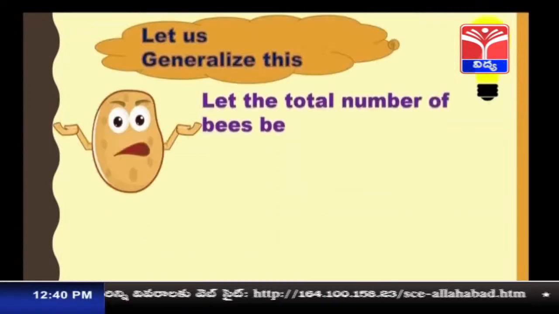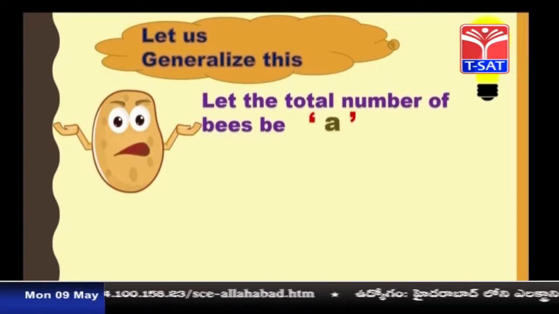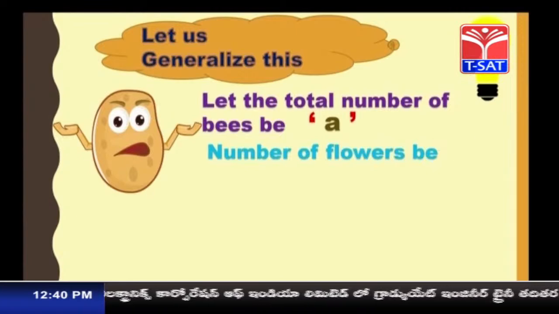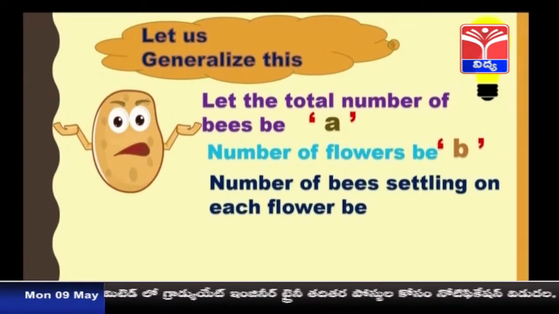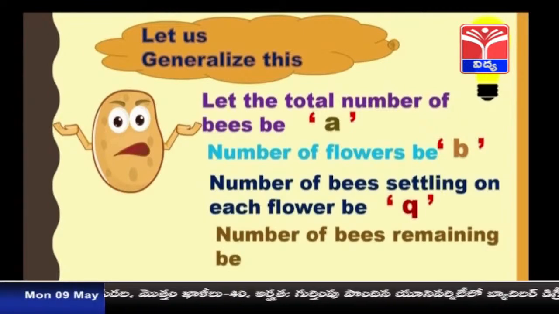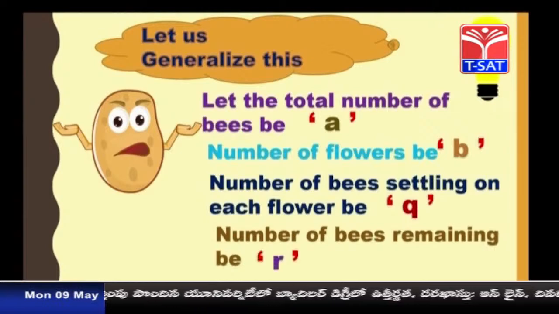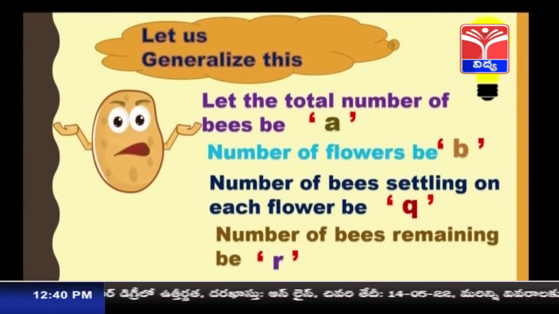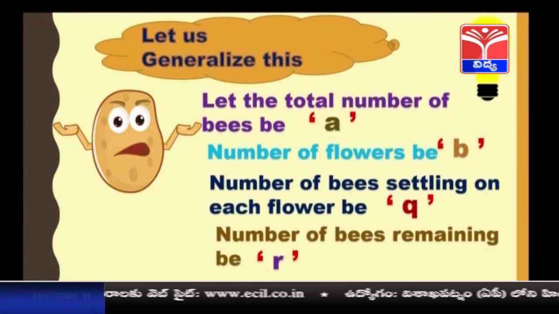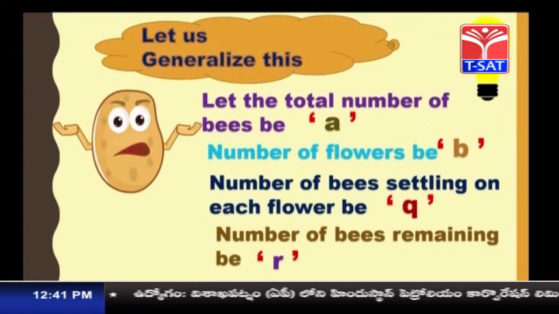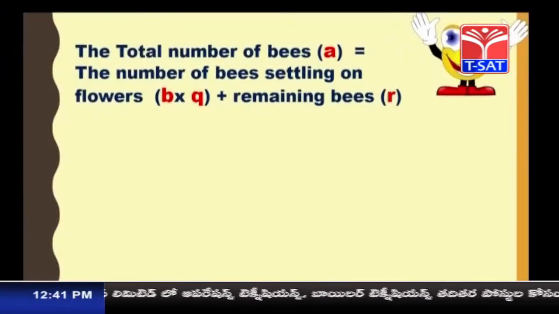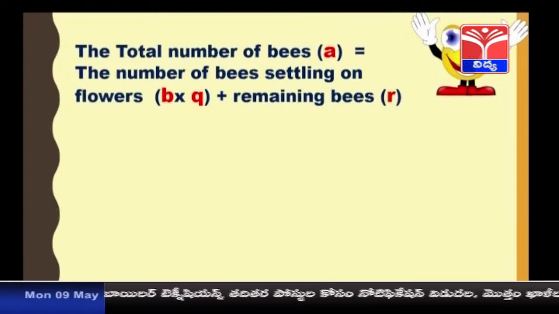Let us generalize this. Let the total number of bees be A, the number of flowers be B, the number of bees settling on each flower be Q, and the number of bees remaining be R. This can be translated to: the total number of bees is equal to the number of bees settling on flowers plus the remaining bees.